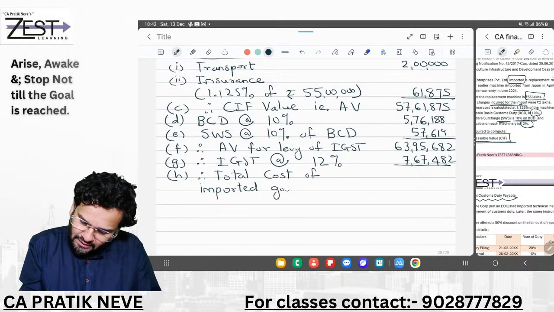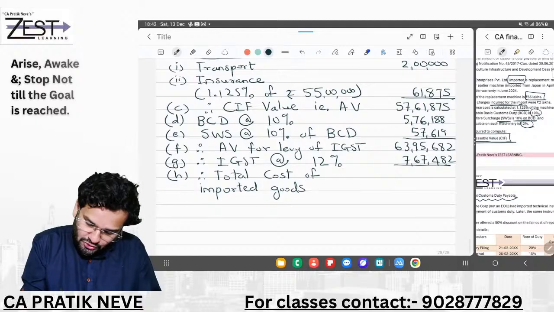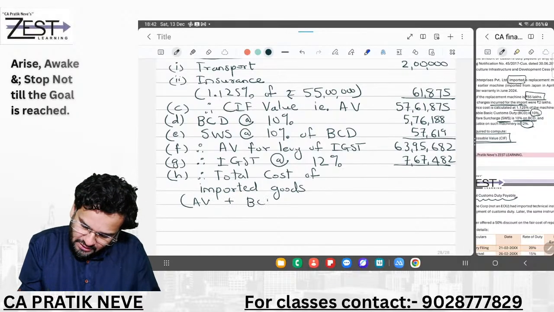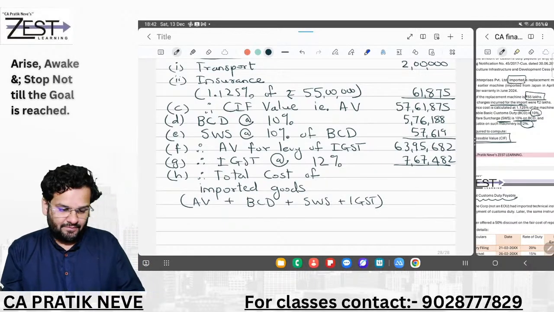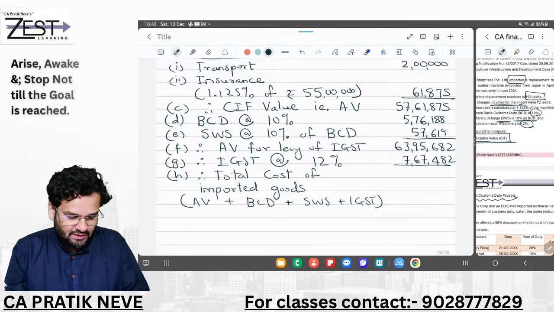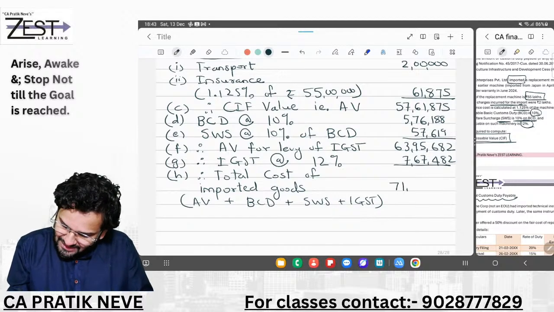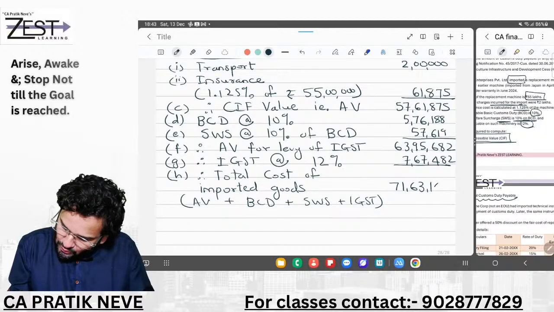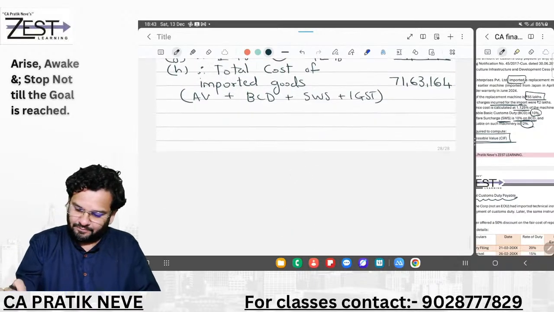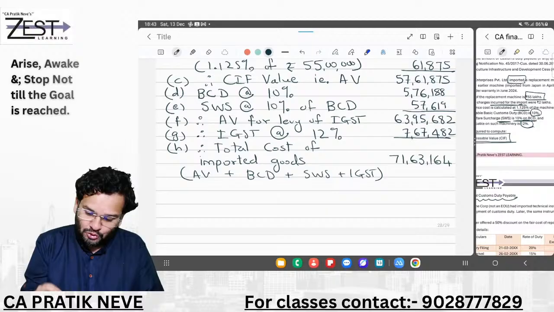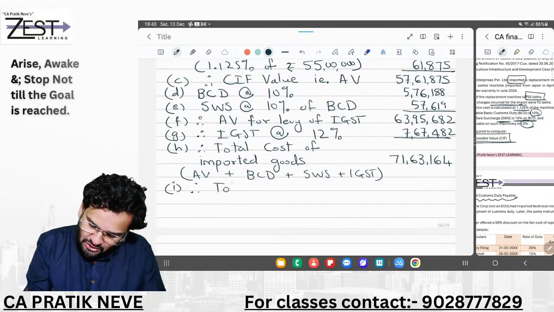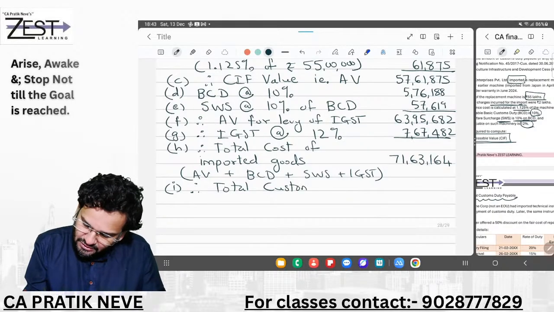Are you all getting total cost of imported goods as assessable value plus BCD plus SWS plus IGST, means eventually 63 lakh 95,682 plus 7 lakh 67,482, that is 71 lakh 63,164? Yes, sir. 71 lakh 63,164.